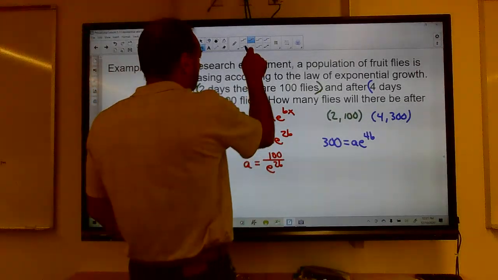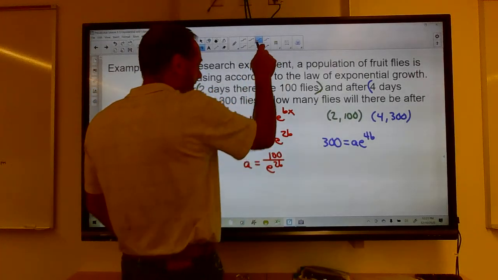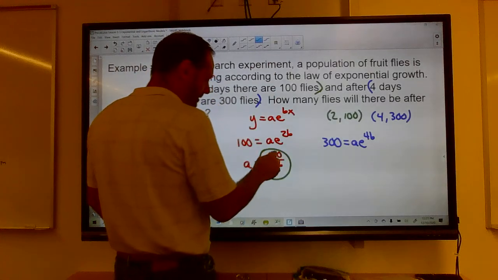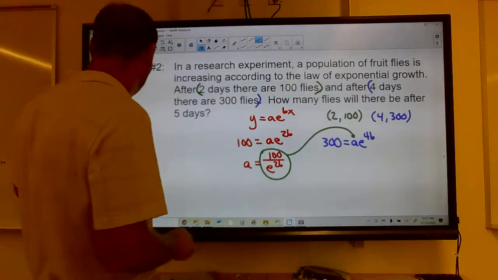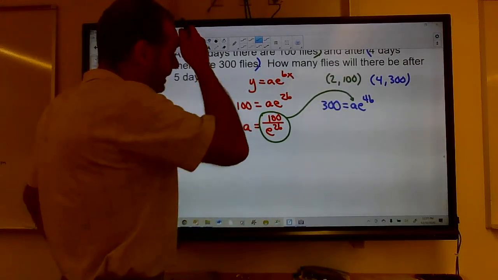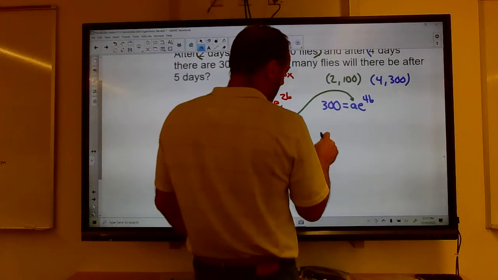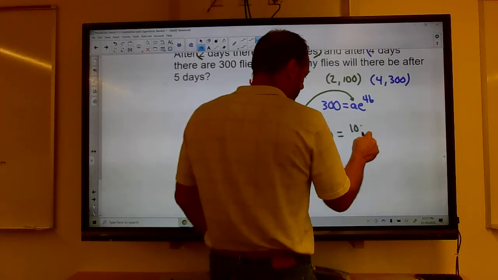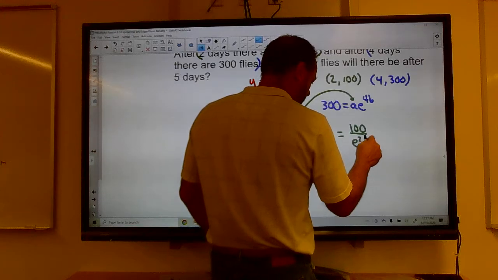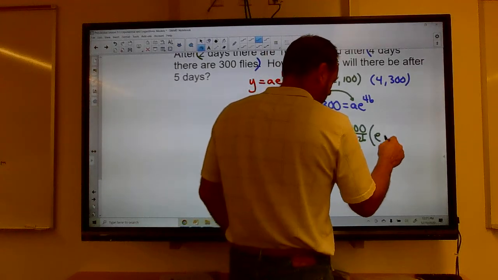So now what I'm going to do is take this number here and substitute it in here. Okay, so when I do that, I'm going to get 300 equals 100 e to the 4b over e to the 2b.